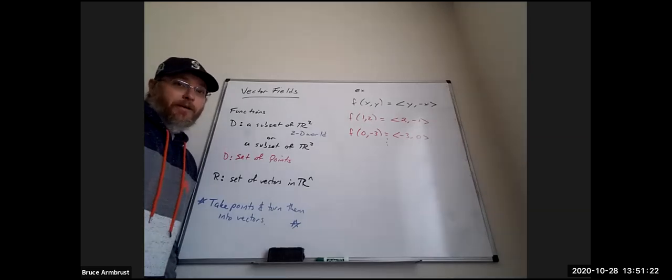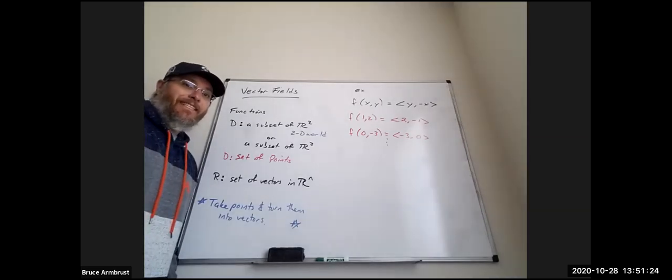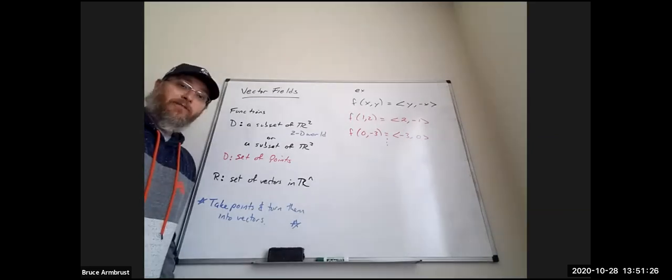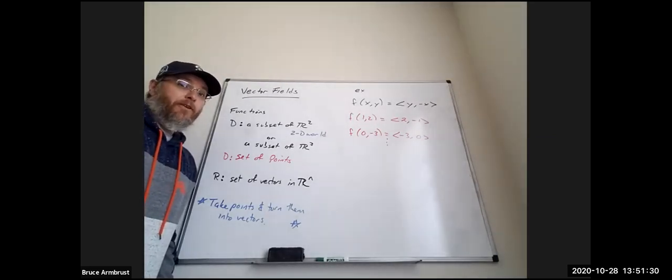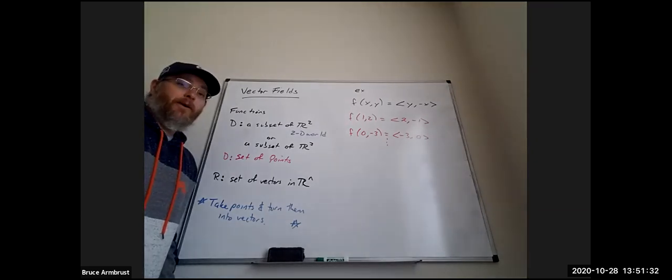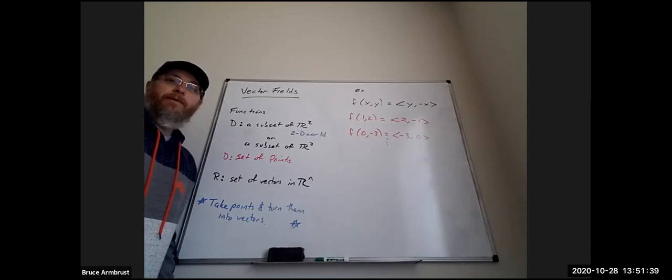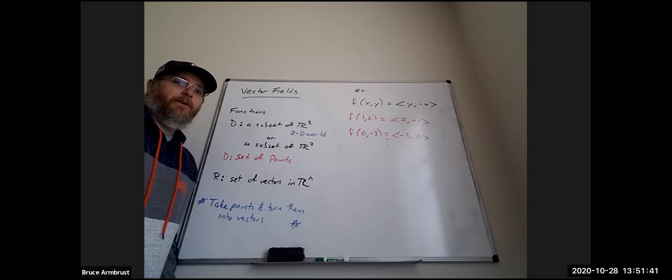All right, so we should probably talk about all the kinds of things that we always talk about with functions. The domain is going to be all of the points where the vector actually makes sense, where you can actually construct a vector. So we look for the typical divide by 0, square roots of negatives, all that good stuff.